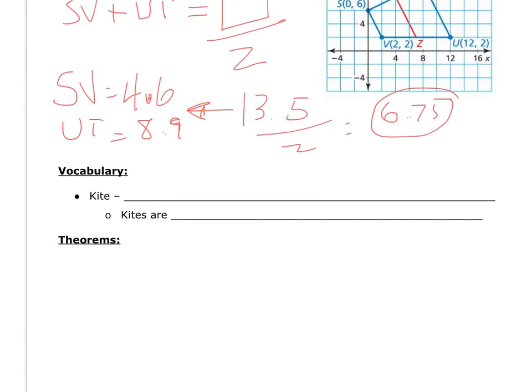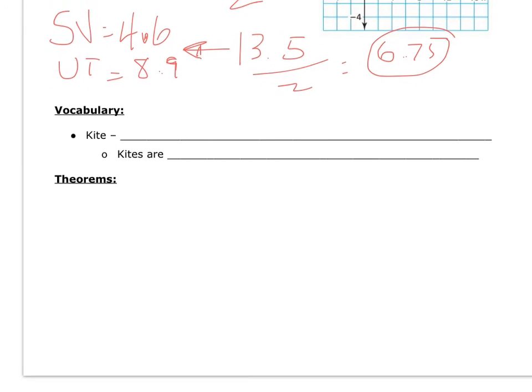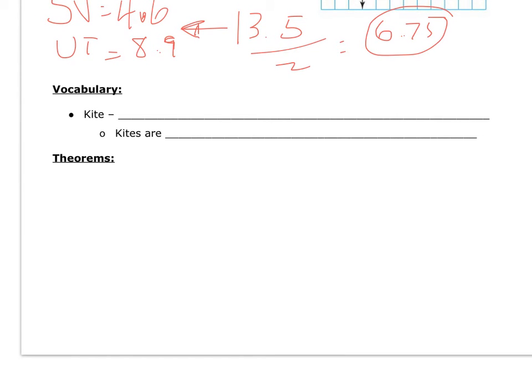All right, and then here's your other and last and final quadrilateral, and it's a kite. In a kite, again, it's a quadrilateral, so it does have 4 sides. But what makes it a kite and more than a quadrilateral is that the adjacent sides are congruent.